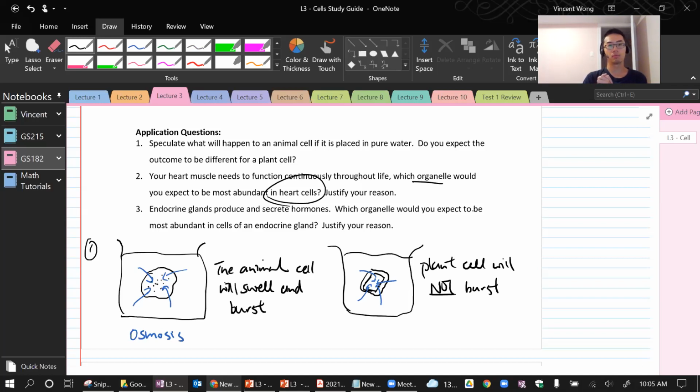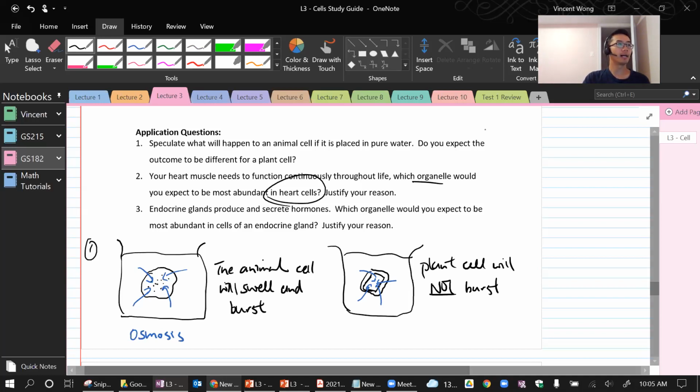What organelle would you expect to be most abundant? Marisha said mitochondria. That's correct. And it's not too difficult to justify because mitochondria produce ATP, and that's what you need, right, for those continuous contractions.